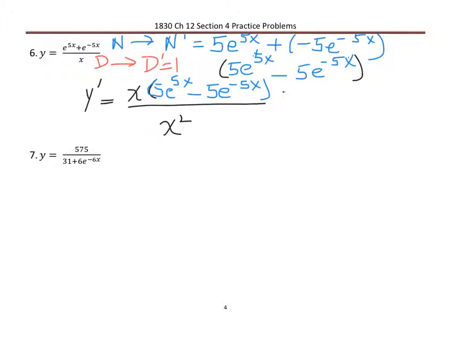And then because it's a quotient rule problem, we're going to subtract that numerator, which is, again, e to the 5x plus e to the negative 5x, and that's times the derivative of the denominator, but that derivative is just 1.